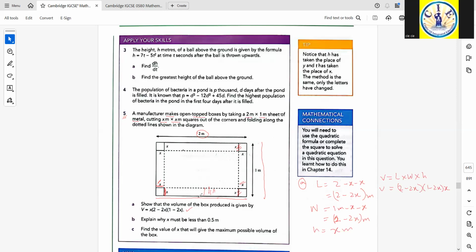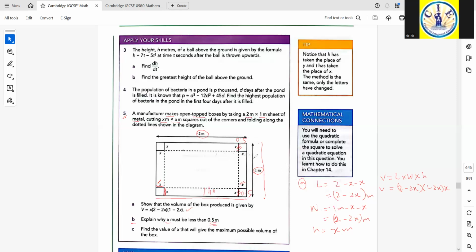Now for part B, explain why x must be less than 0.5 meters. This is because, as you see, the width was 1 meter. So the portion that is being cut, if this is 0.5 meters from this side and 0.5 meters from this side, then all the width would be cut.